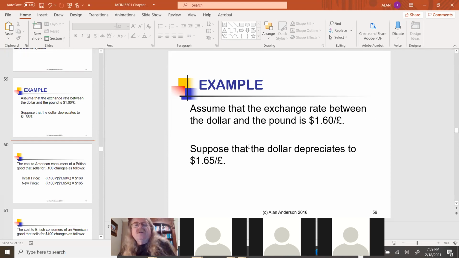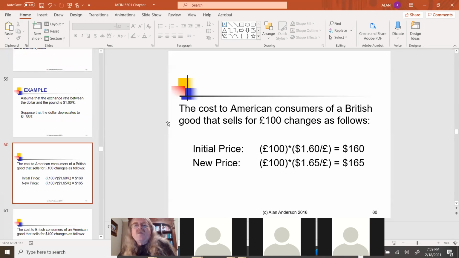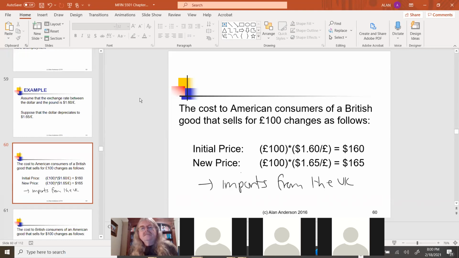So let's see what the impact is on our trade balance. So if we're importing a British good that sells for 100 pounds in London, initially American consumers were paying $160. Now they're paying $165. So imports will fall. Okay, just because it's more money.